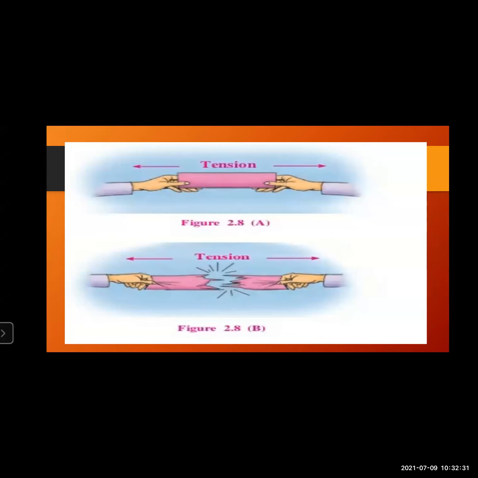Then we have seen the tension activity, that is the extension activity, how the paper strip was held in both hands and then stretched, and what happened actually due to the overstretching, there is a crack, there is a fracture in the strip and it breaks apart.